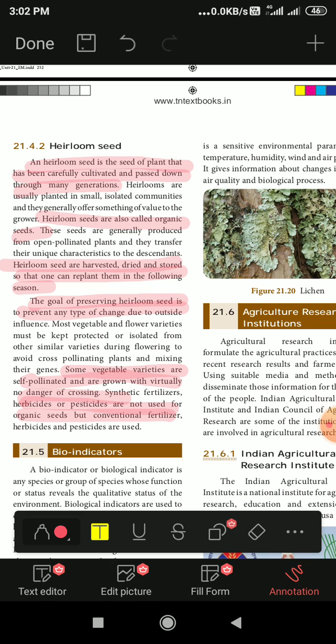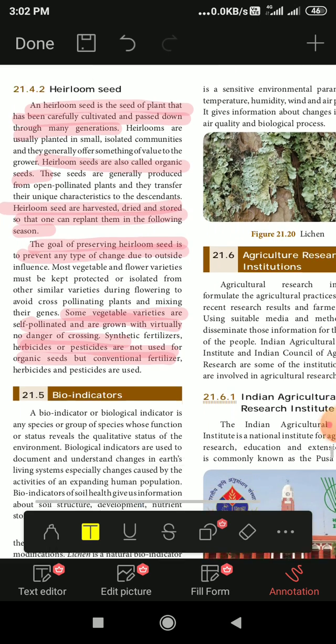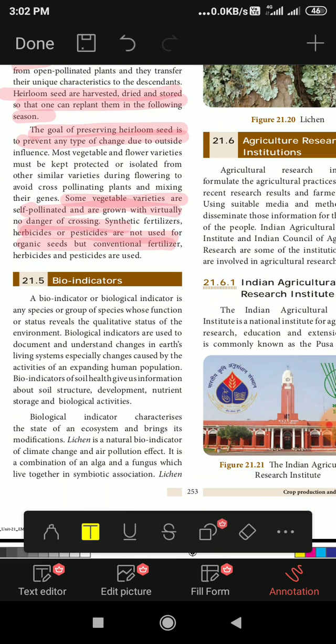Now the next topic is bioindicators. Bioindicators are indicators: any species or group of species whose function or status reveals the qualitative status of the environment. That means in which biological area it has to live.